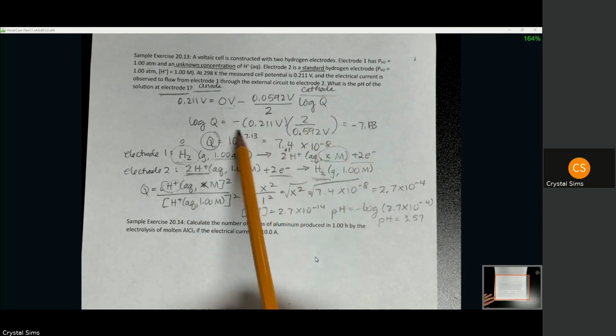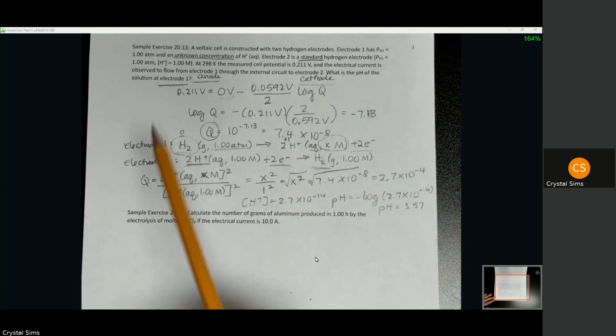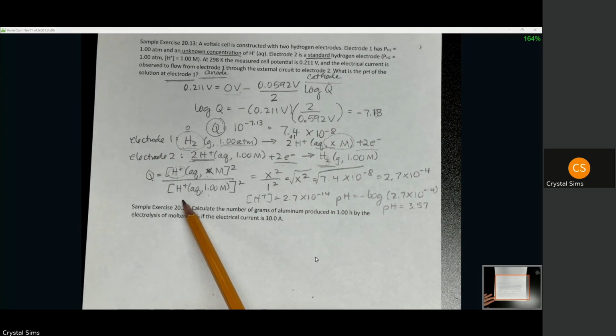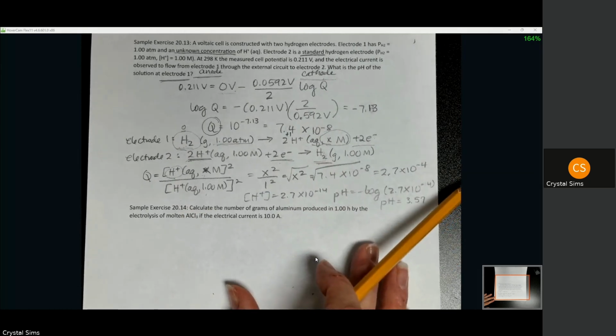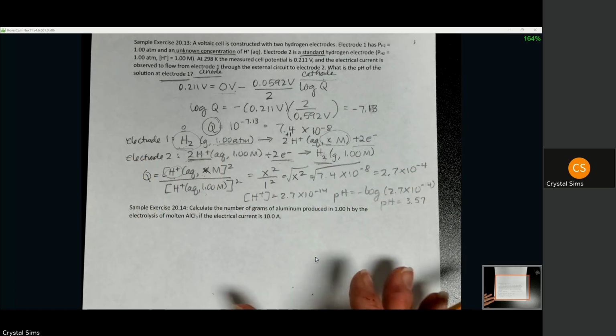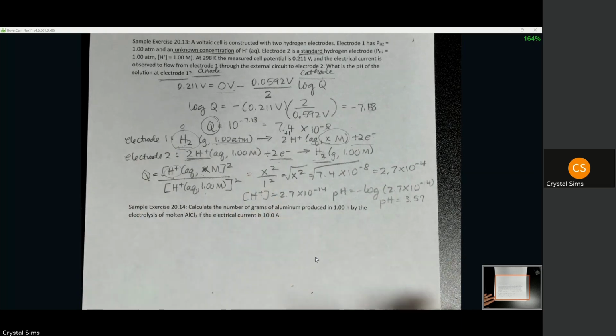We solved for Q and got 7.4 times 10 to the negative 8. So then we had to figure out what is our Q expression. In the other one, it was a little easier. But this one, we had to develop the reactions on our own. And that's what we did by looking at the direction of electron flow.